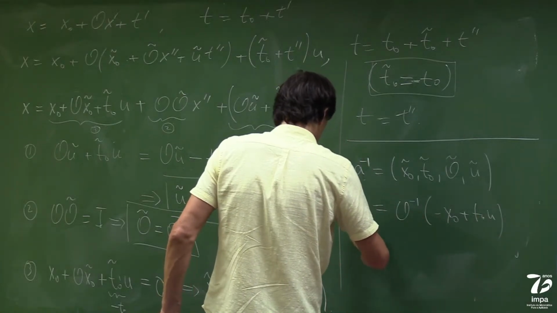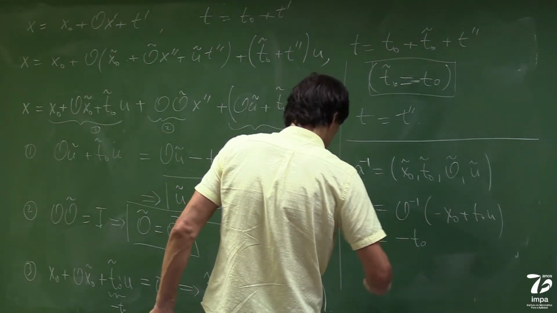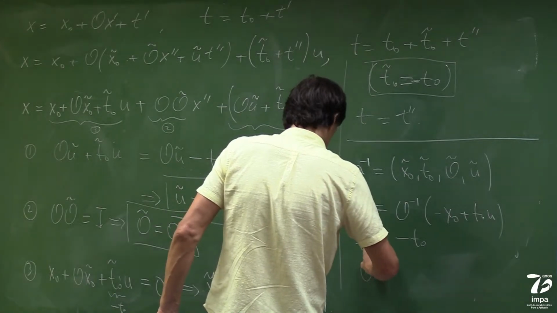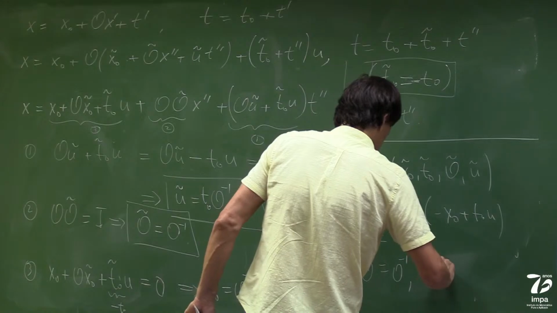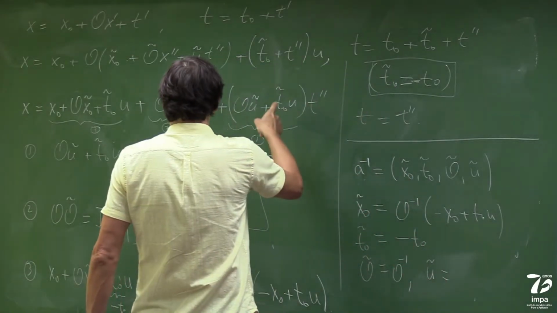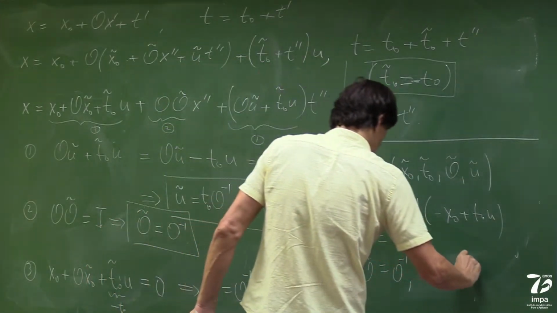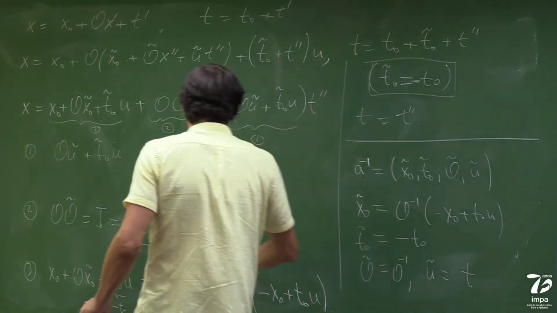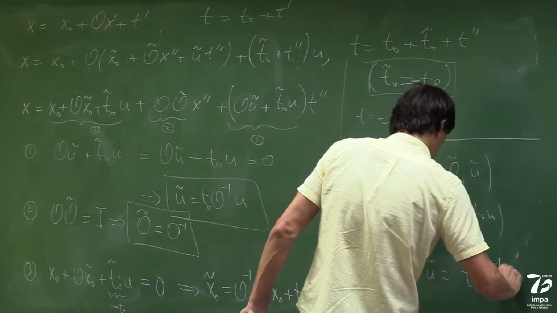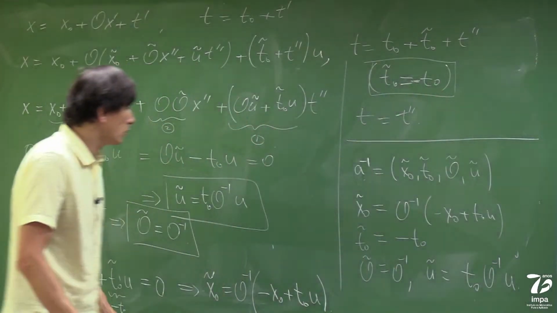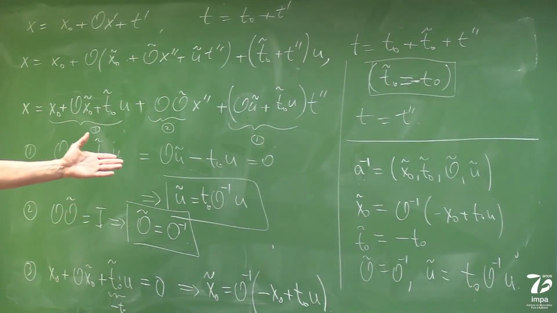T0 tilde is minus T0. O tilde is O minus 1. And U tilde is here. Oh, there is no T0. So we really found the inverse element.